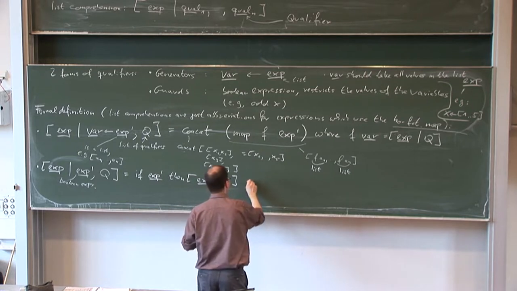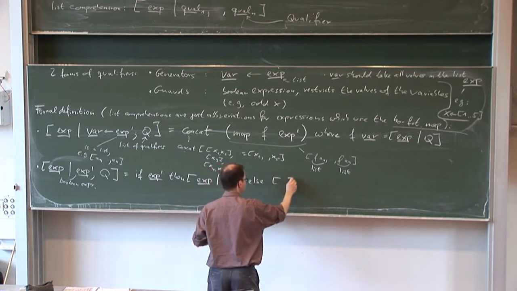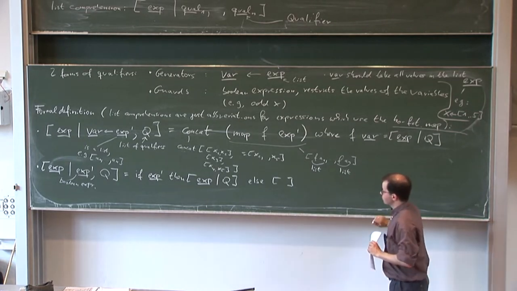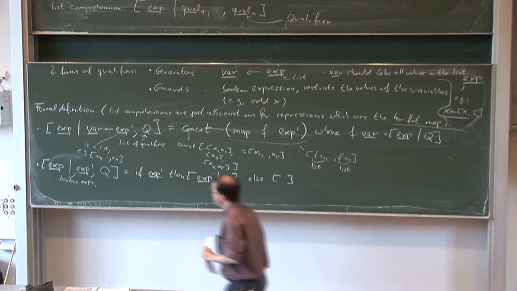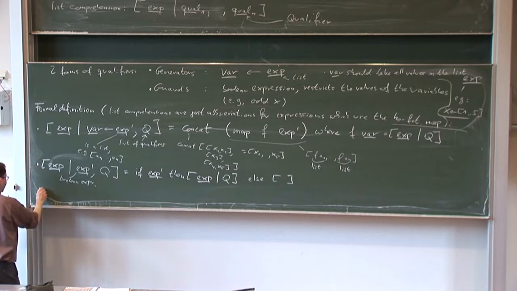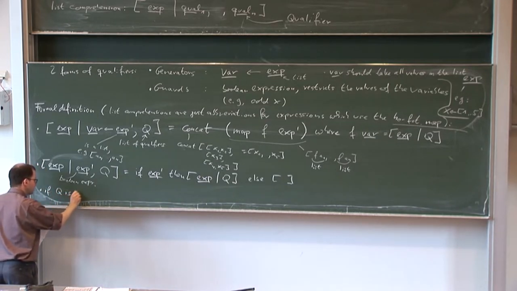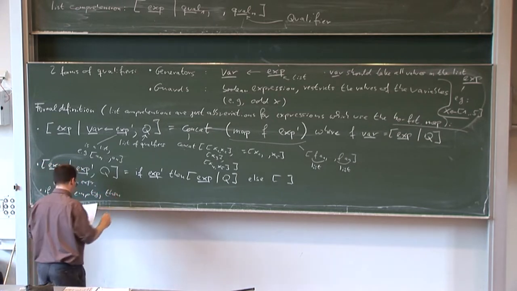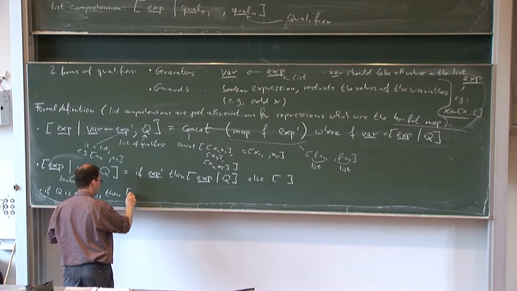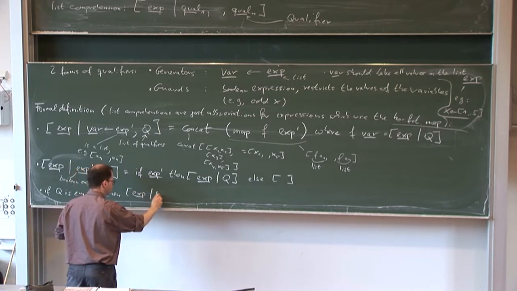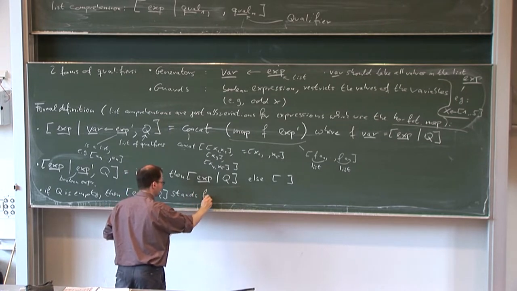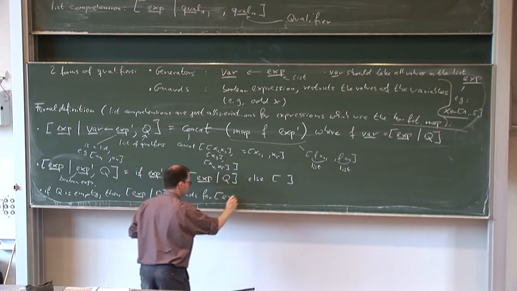And if it's not true, then the result is the empty list. And then finally, if you have no qualifier left, so if Q is empty, then the list comprehension with exp and empty Q should be the same as just the list exp.